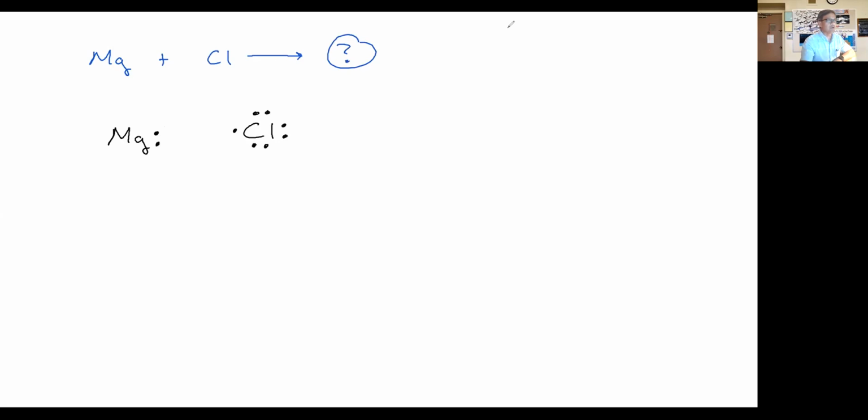Now let's consider the ionization reaction for magnesium. Remember, with magnesium, in order to obtain the noble gas configuration and become stable, to follow the octet rule, it has to lose 2 electrons, and then it becomes magnesium 2+. That's what we learned back on Monday.